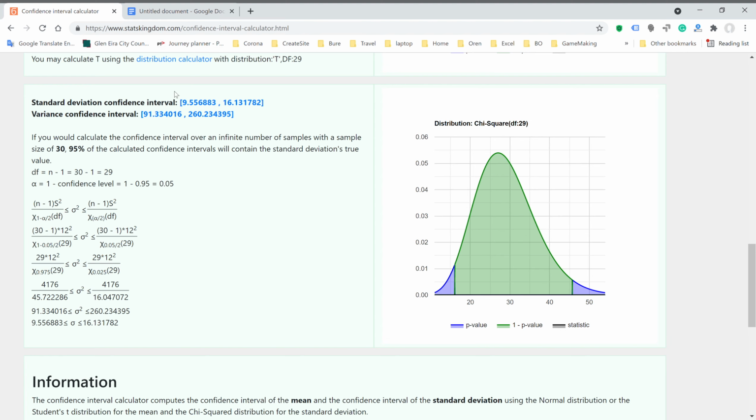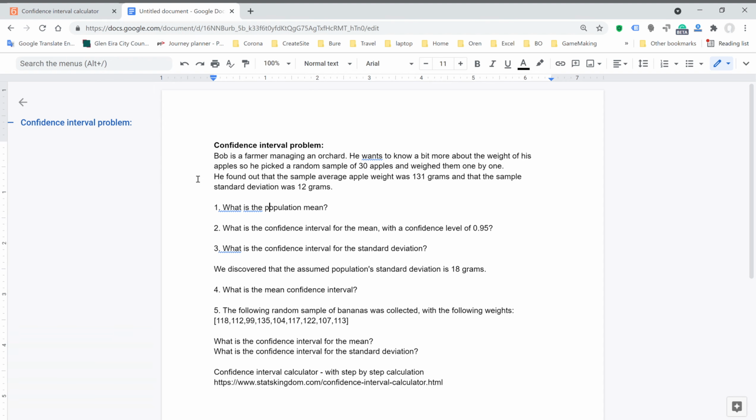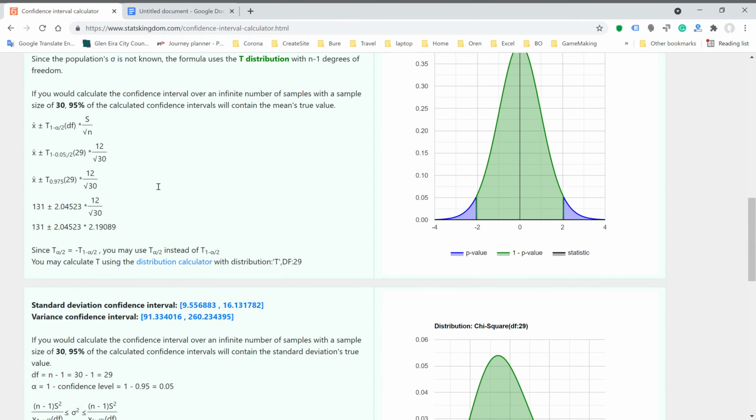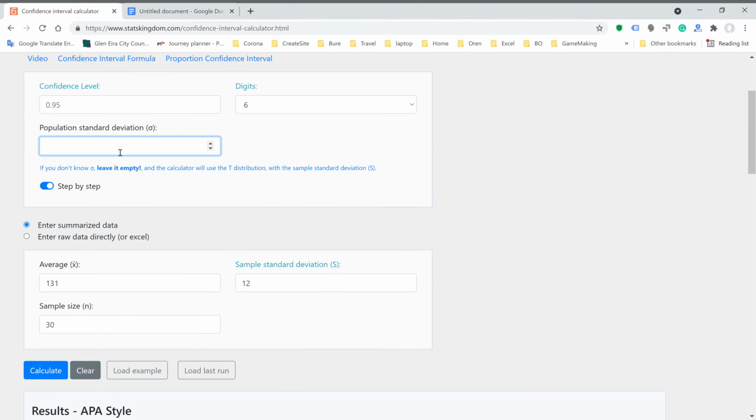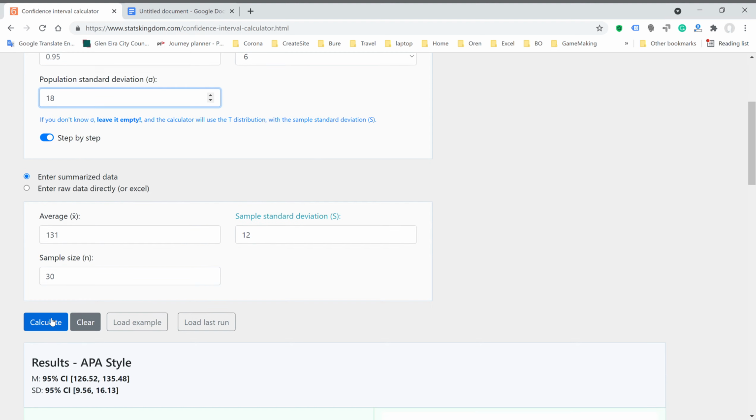Okay, so let's say that the problem changed a little bit, and we discovered that the population's standard deviation is 18 grams. So we can go back to the calculator and put this new information in under population standard deviation. And press calculate.